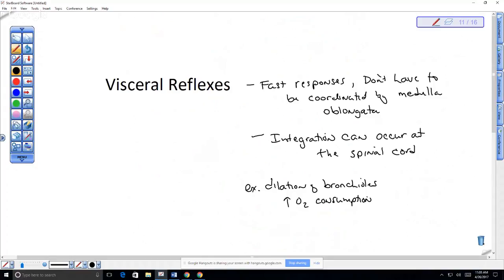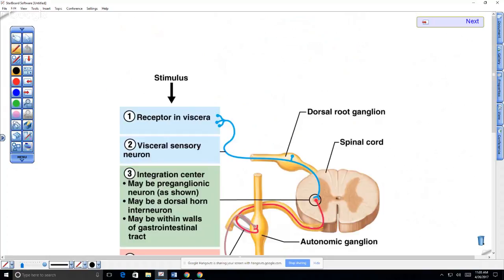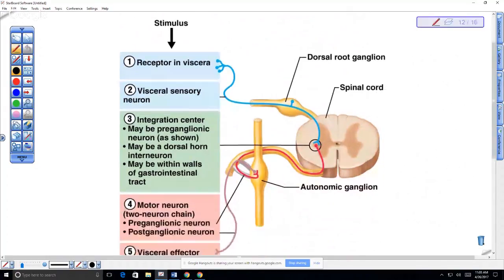So if we look at these visceral reflexes, they look very much like the somatic reflexes that we talked about previously. But would this be an example of a monosynaptic or a polysynaptic reflex? Mono, right?